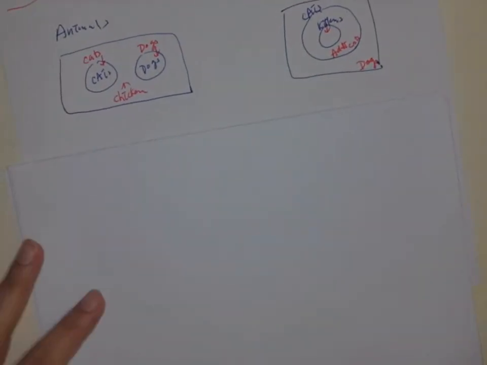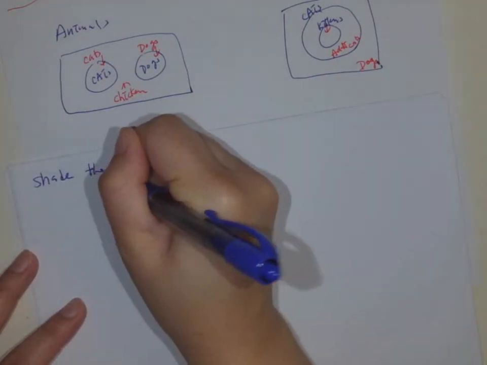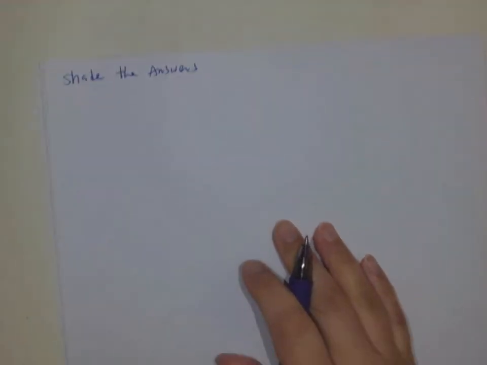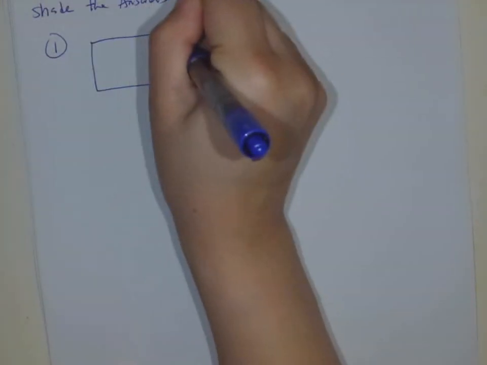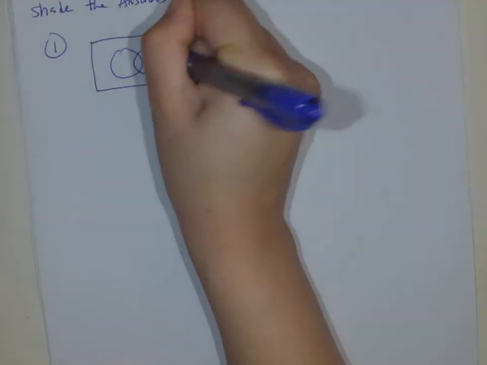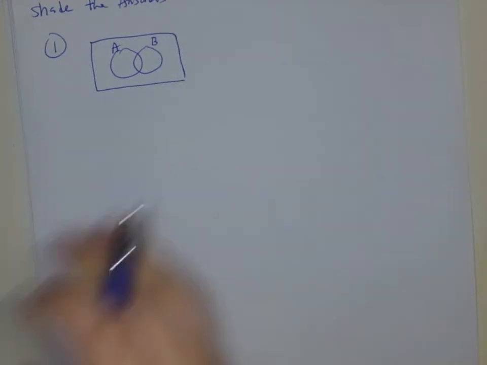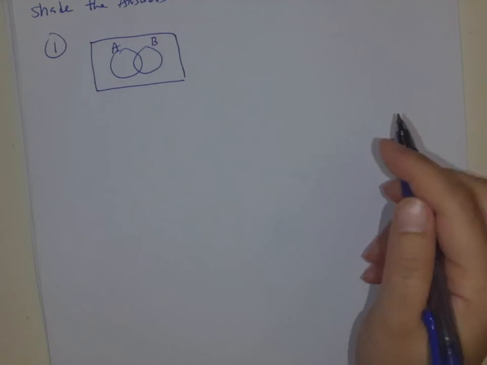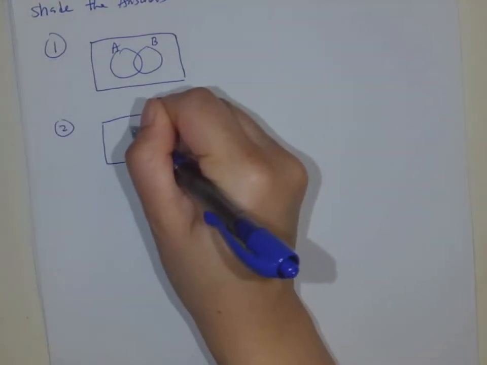So what I want you to do is shade the answer. Okay, so let's see. Number 1, like that, and I want you to label it A and B. So I want you to draw like 7 of this. So go ahead and do it. Don't draw it too big because we're going to need to color it.